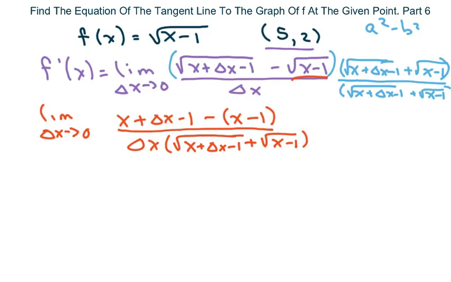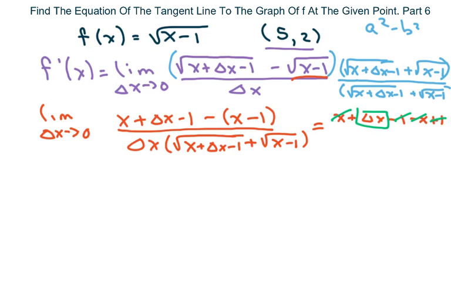Alright, now what's going to happen here is, let me just clean this up. This is going to be x plus delta x minus 1 minus x plus 1. When you clean that up, everything cancels except your delta x.